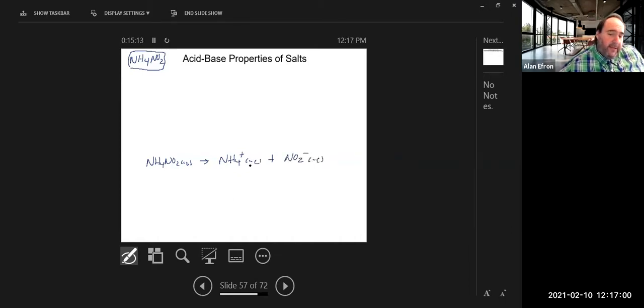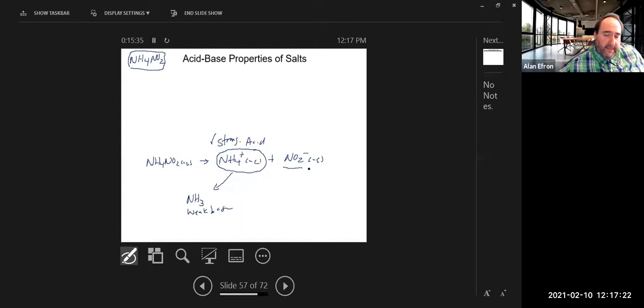Now, when we analyze both of these ions, NH4 plus most likely came from NH3, which is a weak base, which means this would be a relatively strong conjugate acid. And this would continue on and react with water.